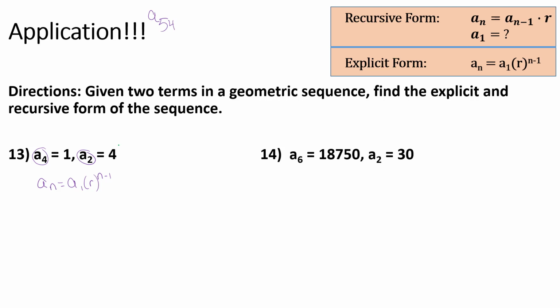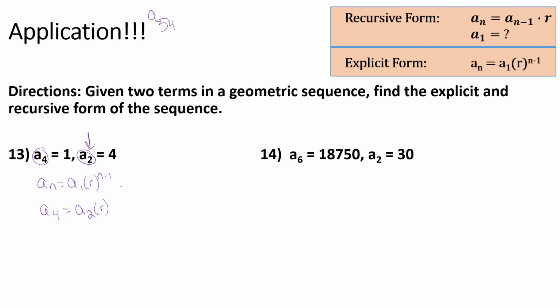Now, we're going to use that concept to be able to modify this formula. So we're always going to take our largest sequence value and put it outside. So a sub 4 is equal to, and instead of a sub 1, it's now going to be a sub 2 so that we can find the common rate. A sub 2 times r to the n minus 1.